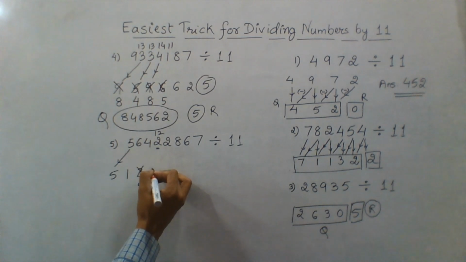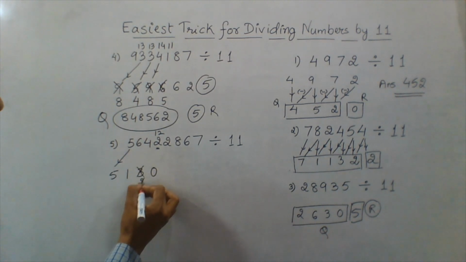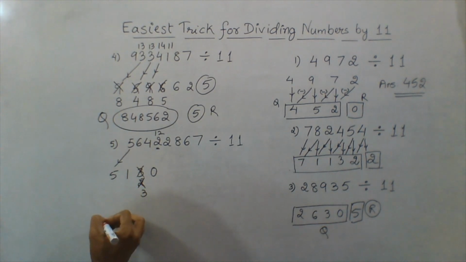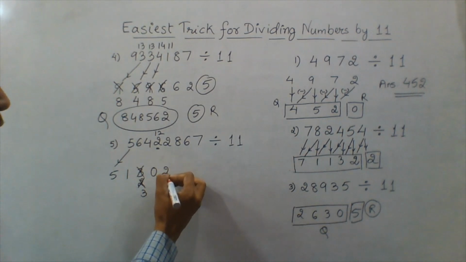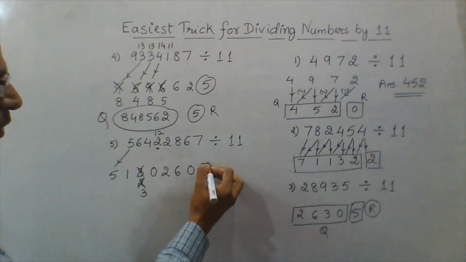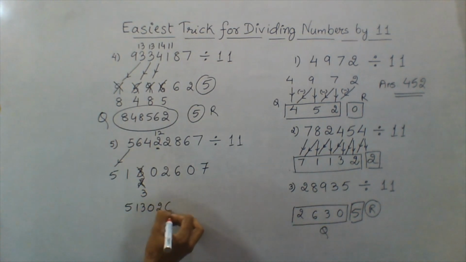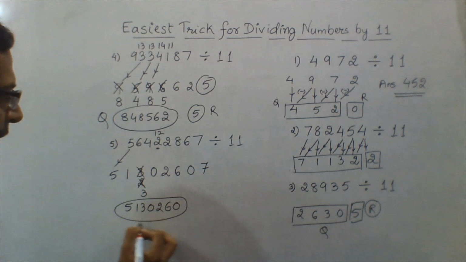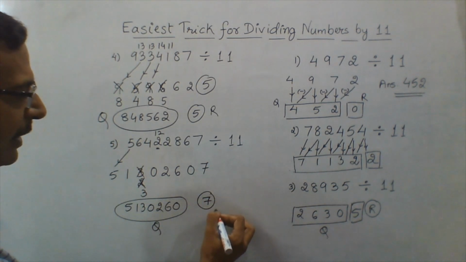I don't want to write 10. 10 means 0 and a 1 carry. This gives me 3, right? And now 2 minus 0 is 2. 8 minus 2 is 6. 6 minus 6 is 0 and 7 minus 0 is 7. So my answer is 5130260 as the quotient and the final digit 7, which is the remainder.